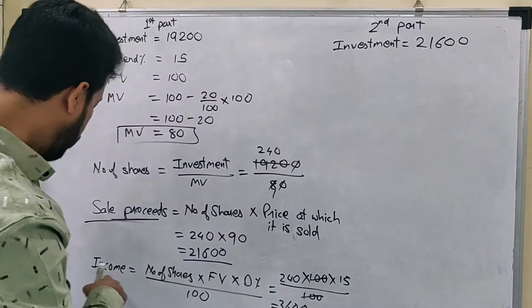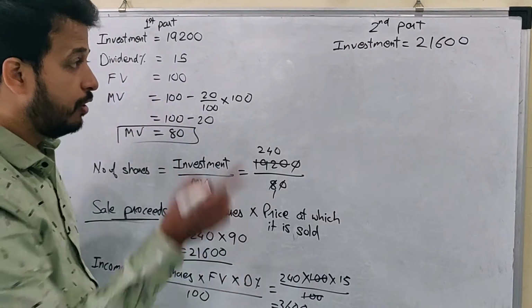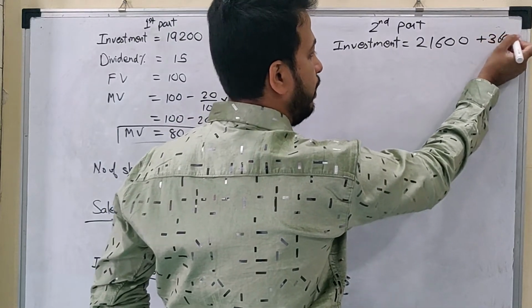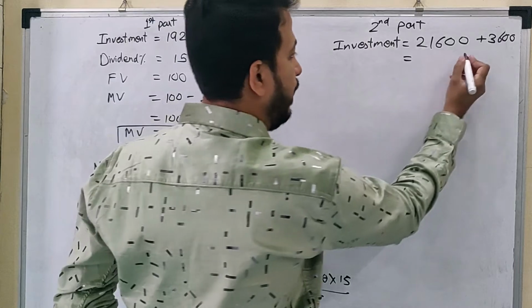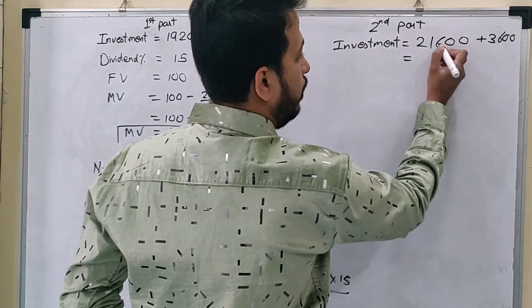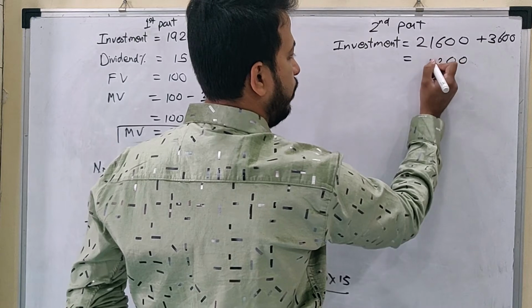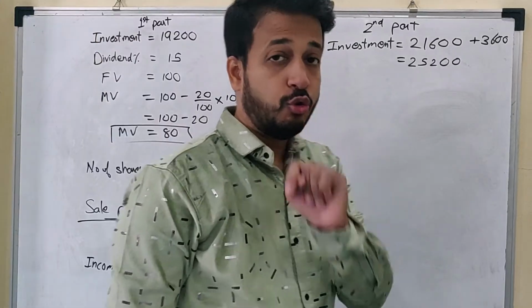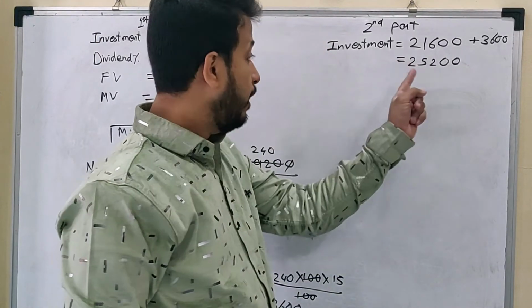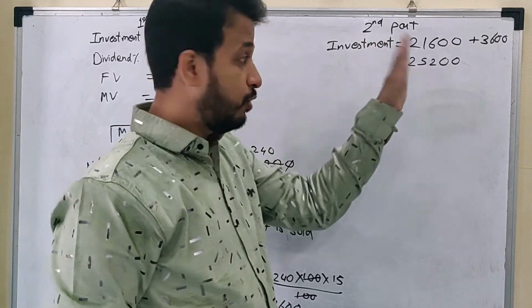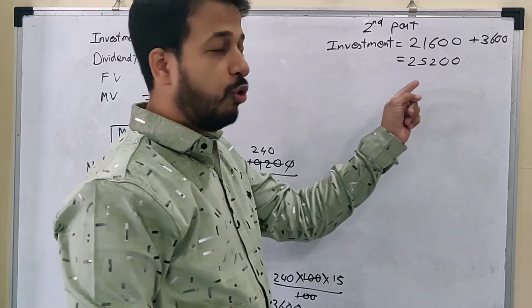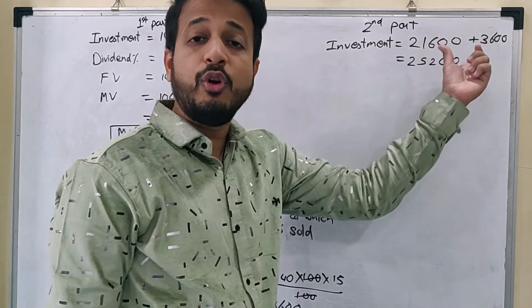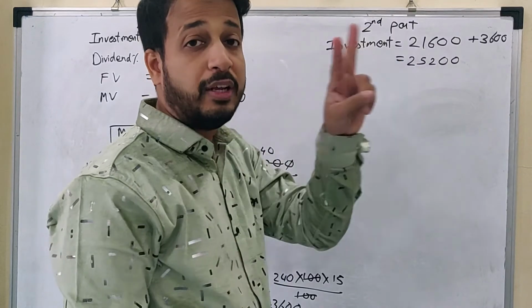So here your income was 3,600. So investment will be 21,600 plus 3,600. So your total investment in the second part will be 25,200. They have told you that you have to sell the previous shares, and those sale proceeds, including the dividend, will be your investment in the second part.